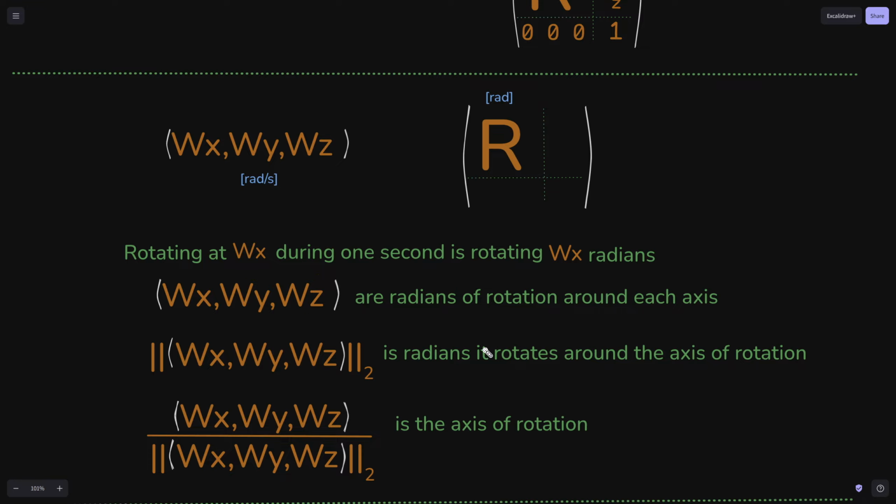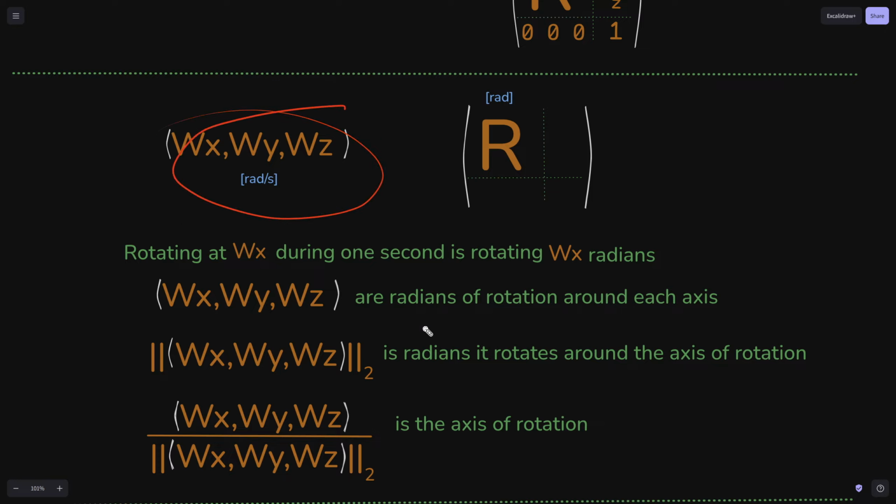And then note one thing. If we would have the axis of rotation, and we would want to know how many radians it rotates around the axis of rotation, we can just take the norm of this chunk of the Lie algebra and it will provide it to us. Okay? And then obviously the axis of rotation is nothing but this vector normalized.